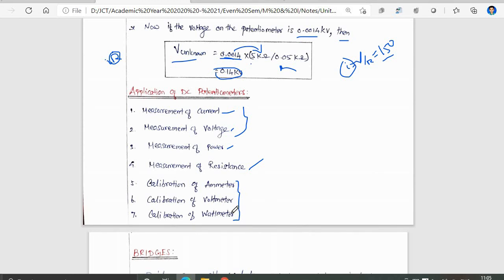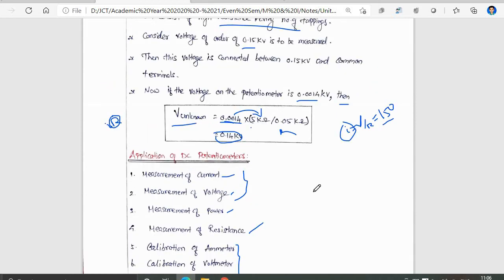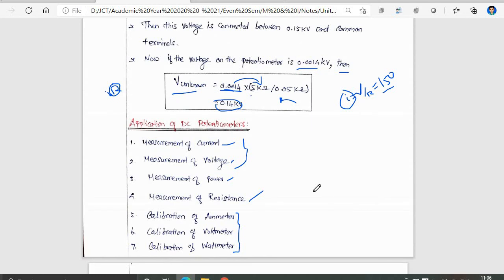We connect this potentiometer with the standard instrument, and the variable input voltage is given to the instrument under test. Both give some output, and they should be compared. If both are equal, the galvanometer deflection is 0, so both meters are working perfectly. If there is any deflection, that instrument needs calibration. This is the functional application of the DC potentiometer.